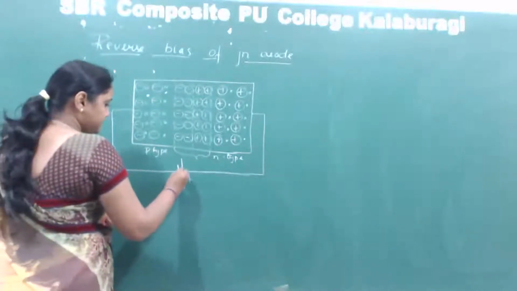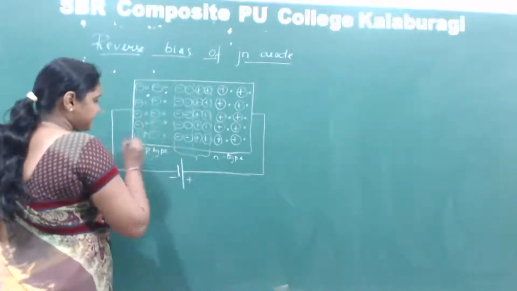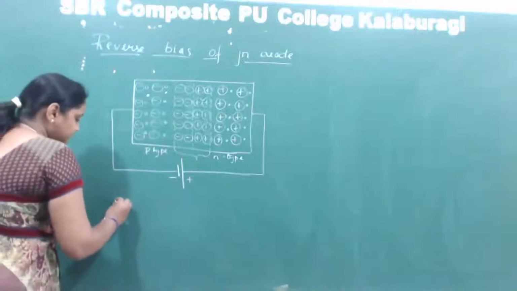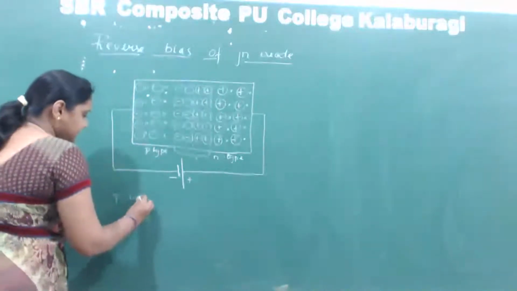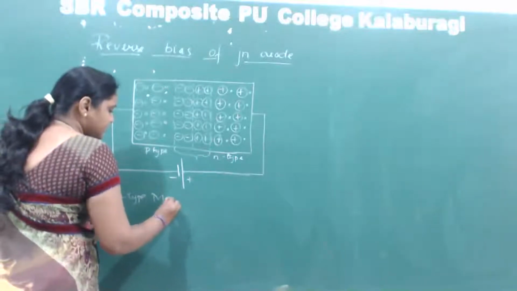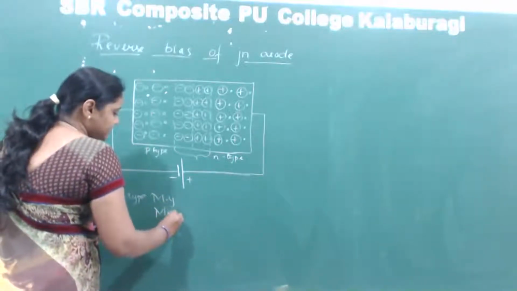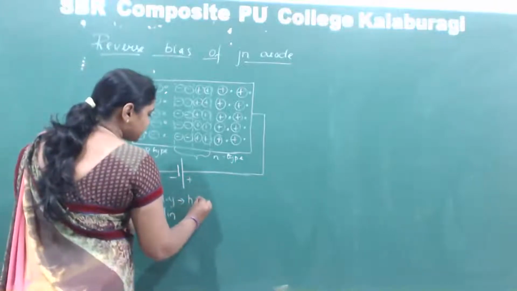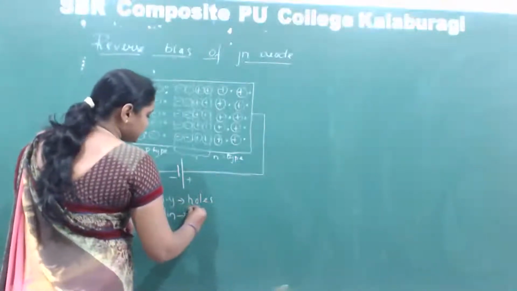Now what happens? Again, I am just recalling the P type: majority charge carriers and minority charge carriers, holes and electrons.